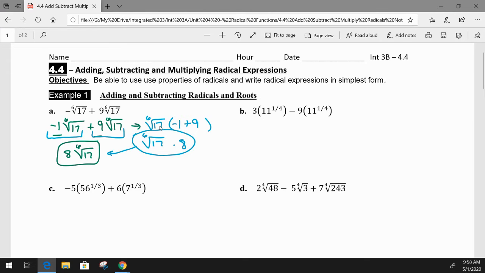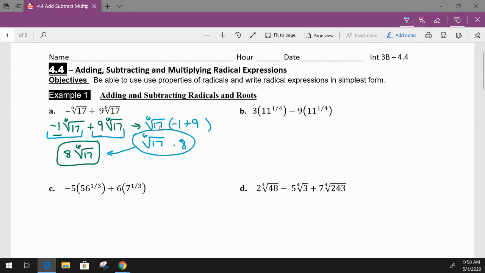Okay, so the next example we have is one with rational exponents. So previously we learned that if you have the same base and if you were multiplying, then you would add the exponents. But we are not multiplying, we are subtracting. So again, if you think of this as one term and you think of this as one term, which it is, both terms have an 11 to the 1/4 power.